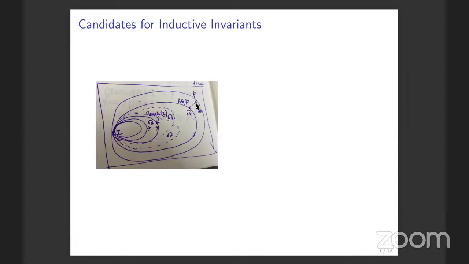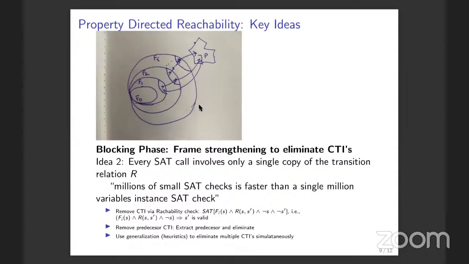So it is actually the recurrence diameter from a P state to a not P state that it does.